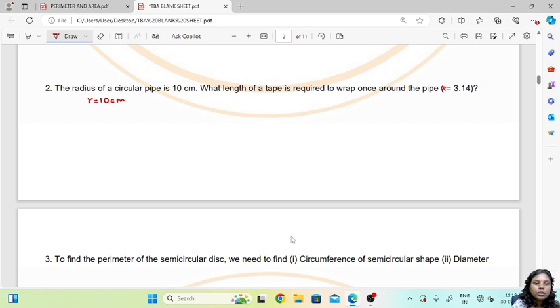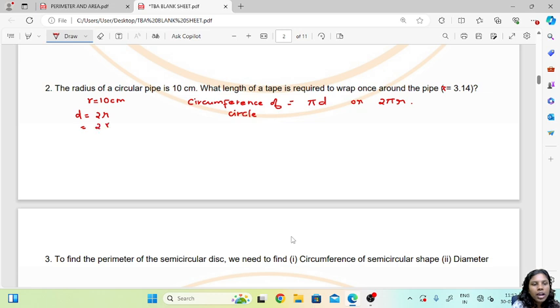So we have circumference of circle equals pi d, or what we can use is 2 pi r. Here we are given the radius, so we can directly use this formula, or we can find the diameter. Diameter is 2 r.